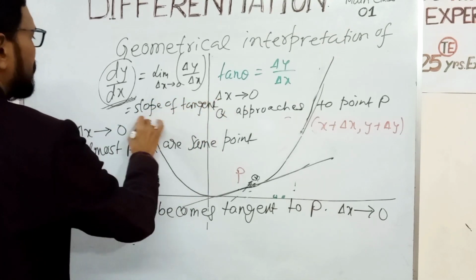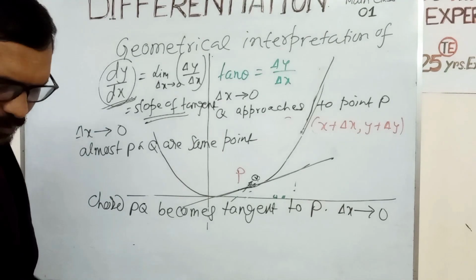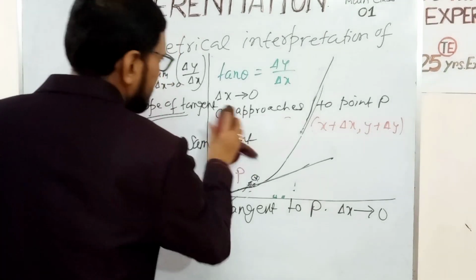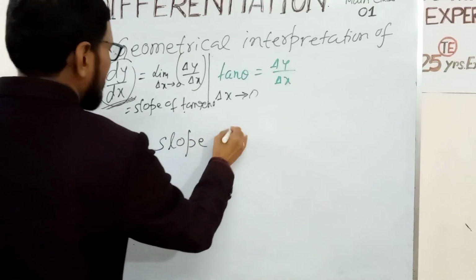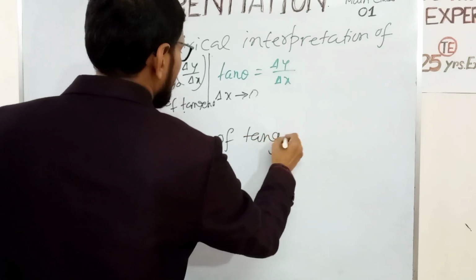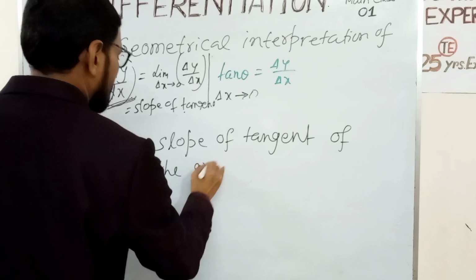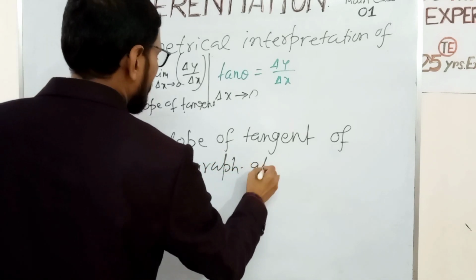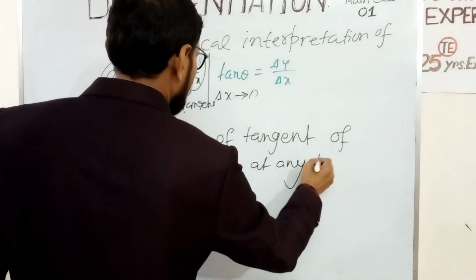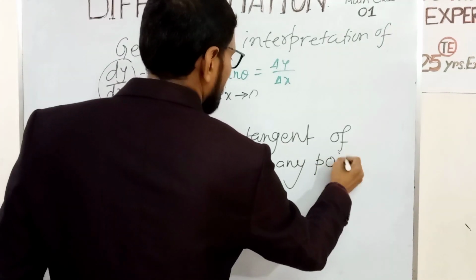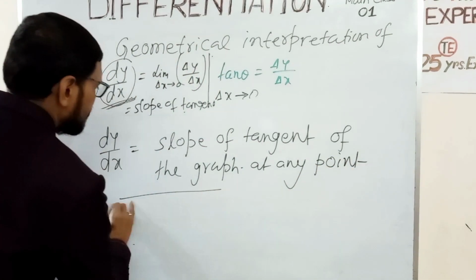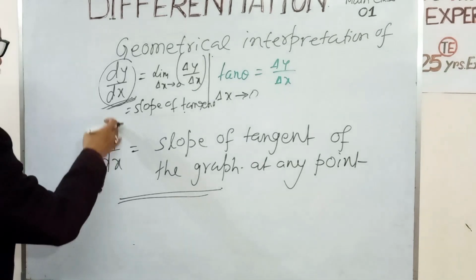So this is the meaning of dy by dx from the graph. The final result is the slope of the tangent to the graph at any point. This is the geometrical interpretation of dy by dx.